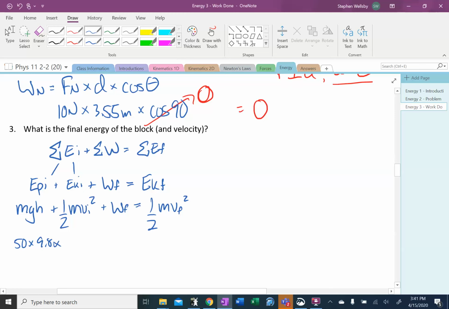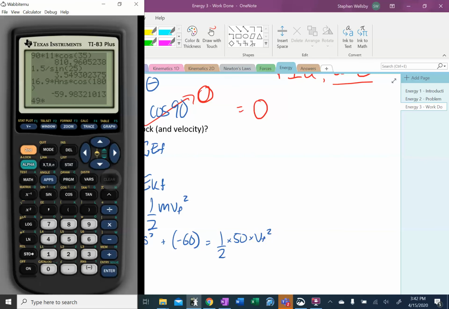We have m times g times the height plus 1/2 times 50 times the initial speed squared, which was 2.5 meters per second, plus negative 60 equals 1/2 times 50 times v final squared. So this is going to be 9.8 times 50, oh, it should be 490, oops, times 1.5.